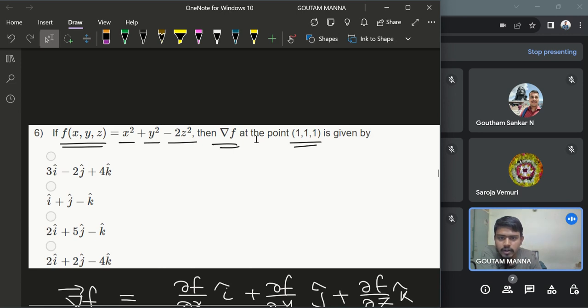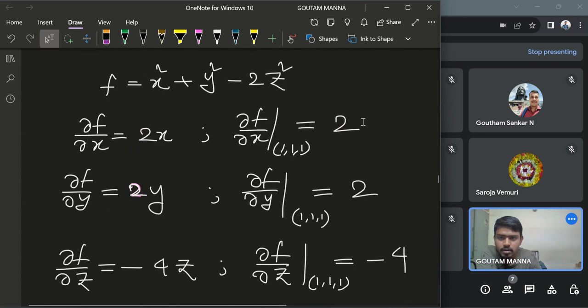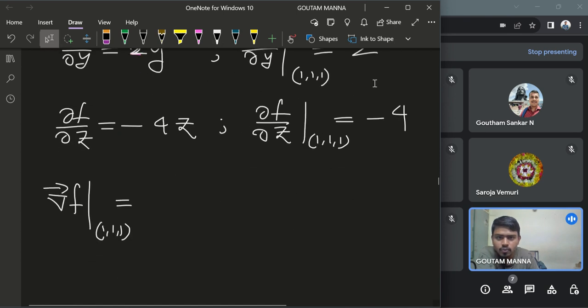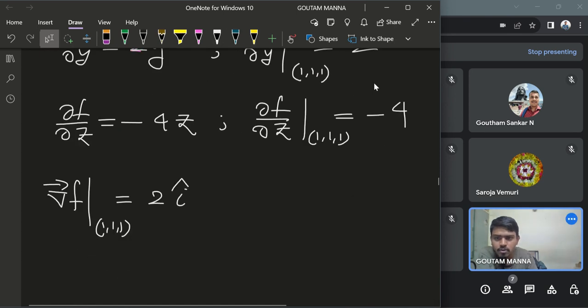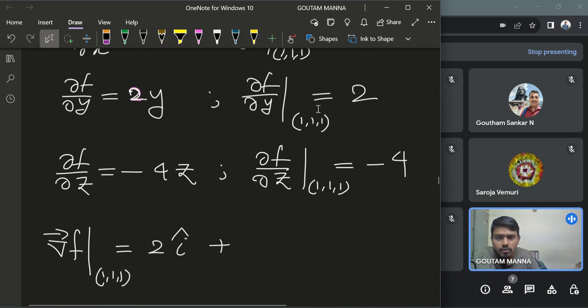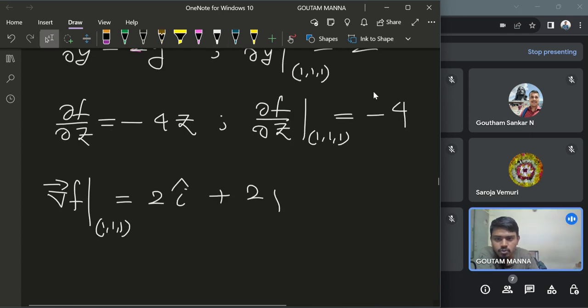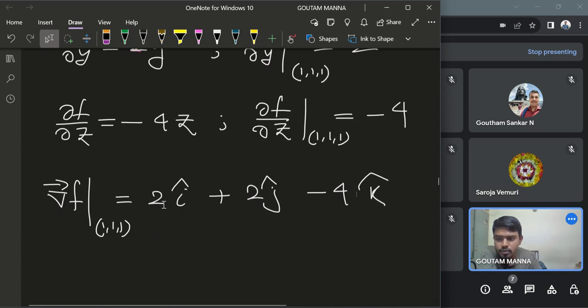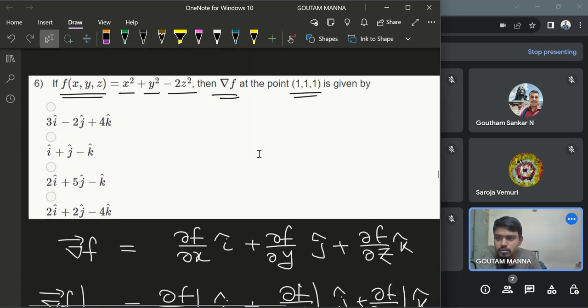So gradient of f at point (1, 1, 1) is 2 i cap plus 2 j cap minus 4 k cap. This is the value of grad f at point (1, 1, 1). The last one is the correct option.